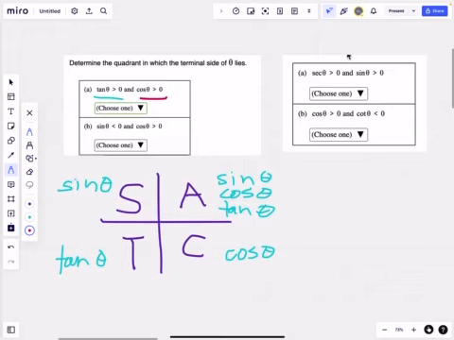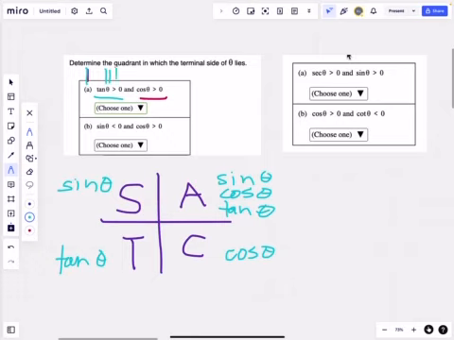All right, so where is tangent positive? We can say that the tangent is going to be positive here in the third quadrant and here, because everything's positive in the first quadrant. So this is going to be either quadrant 1 or quadrant 3.